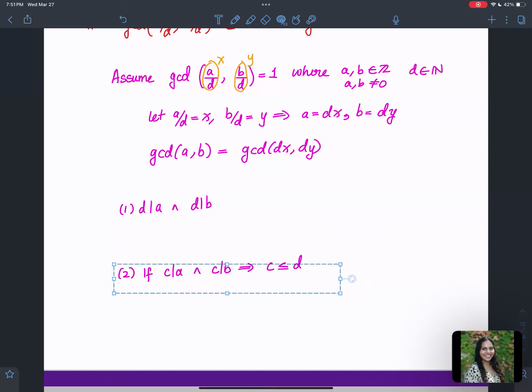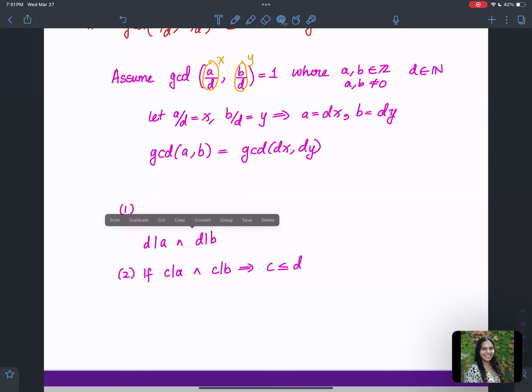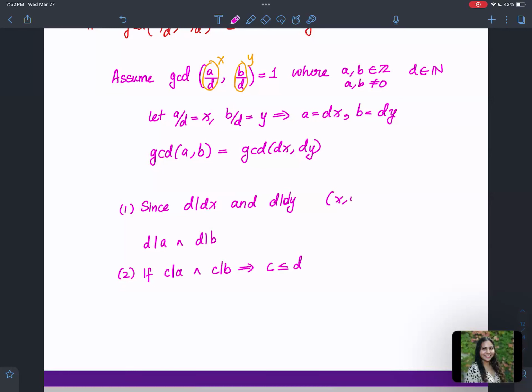The first one is way easier to show. So I'm just going to rewrite here. Since D divides dx, obviously, and D divides dy, where x and y are integers, don't forget that.